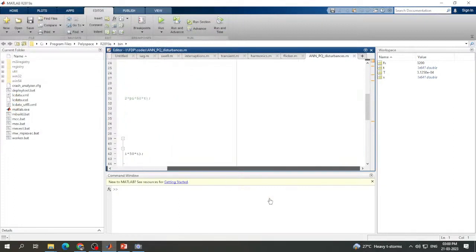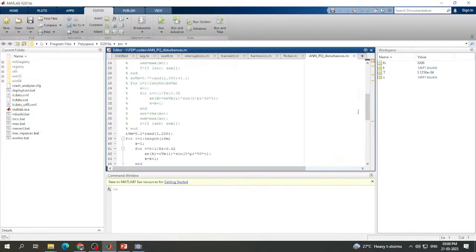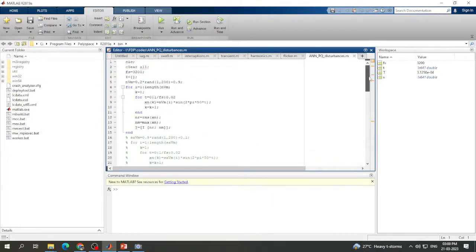So now here I have taken an ANN for classifying two signals. One is the normal voltage signal whose magnitude varies from 0.9 to 1.1 per unit, and this is the function.